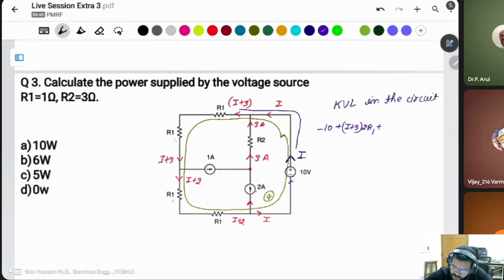Plus this R1 has a current of I plus 2, and again this is R1. Then after this R1, these both are 2 R1. Then this will be equal to 0.